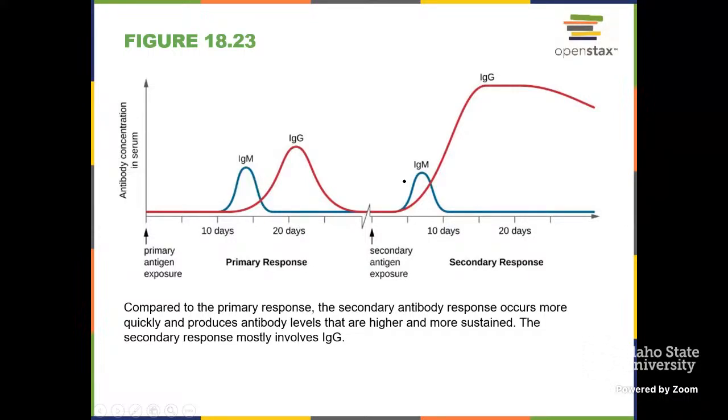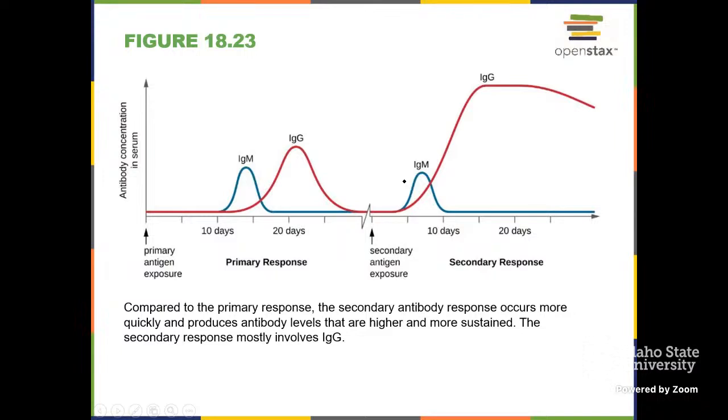I don't know. So we could see the two types of antibodies, the IgM and IgG. And I mentioned a second ago, IgM is our first, and then we see IgG following shortly after, all right?